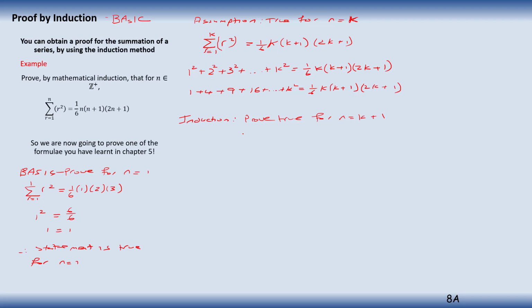To prove this, then we can make our conclusion, which is the final part. So, taking our summation all the way up to k plus 1, so r equals 1 to k plus 1 of r squared is equal to a sixth.